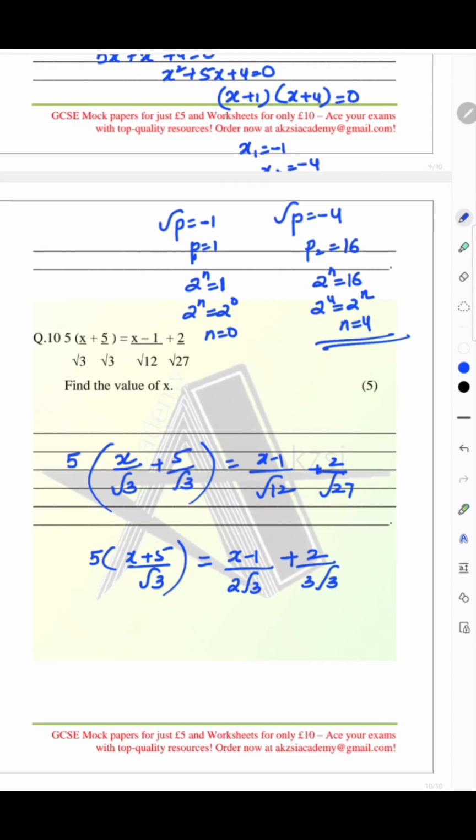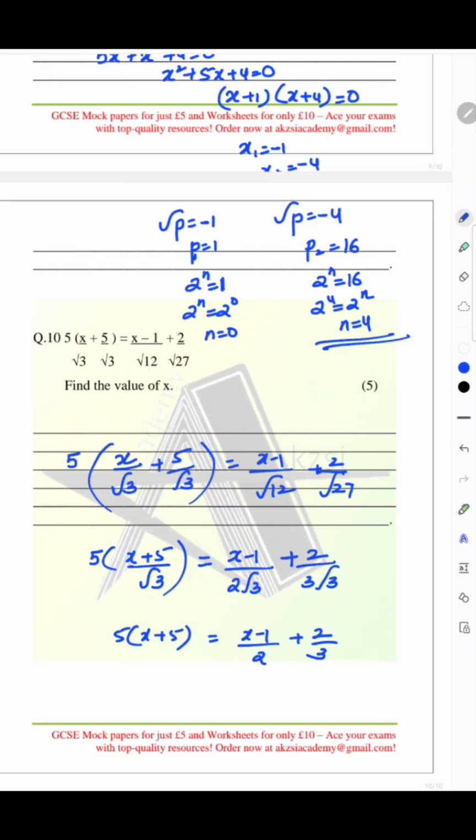If I multiply both sides by root 3, I'll get 5 times (x plus 5) is equal to (x minus 1) over 2 plus 2 over 3.